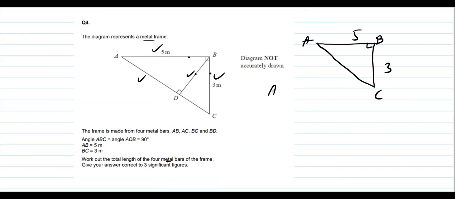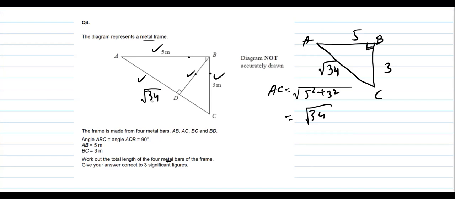When you have to find AC, the hypotenuse, because this is 90, so this is the hypotenuse. The other sides squared, you add: 25 plus 9, square root of 34. You can use the calculator to get the value, but anyhow, let it be as it is, because we have to use it later.